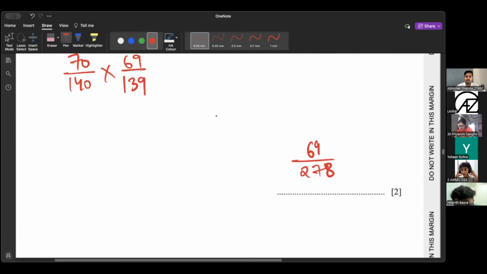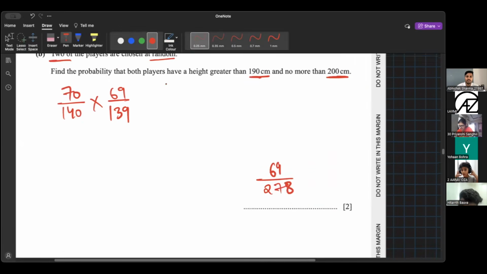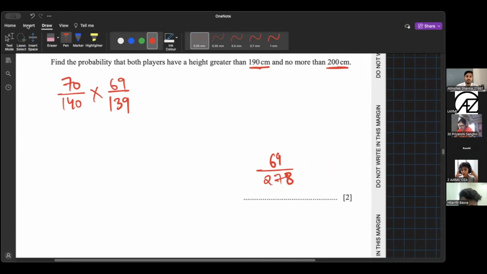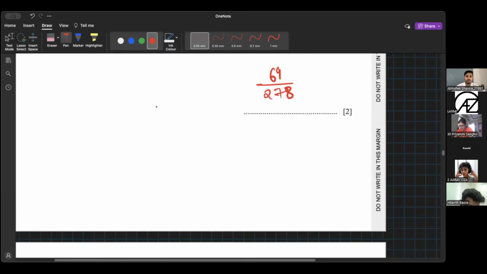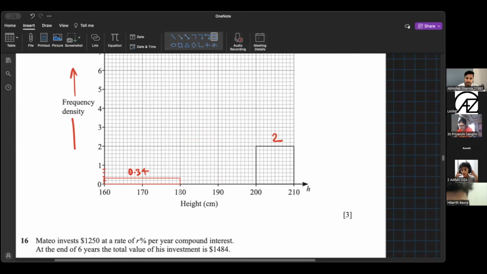And now we have to sketch 6.2. 185 to 190, 6.2. No, isn't it till 185? Yeah, it's still 185, not 190. True. Let's sketch till 185 only. 185 till how much? 2.4.